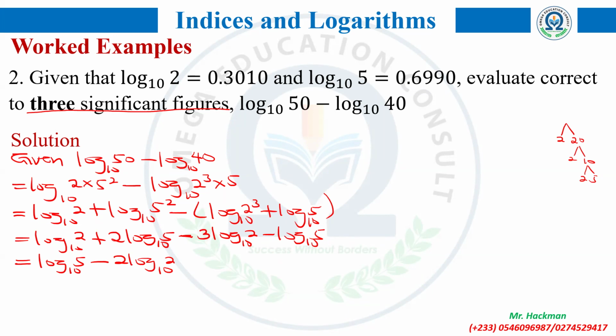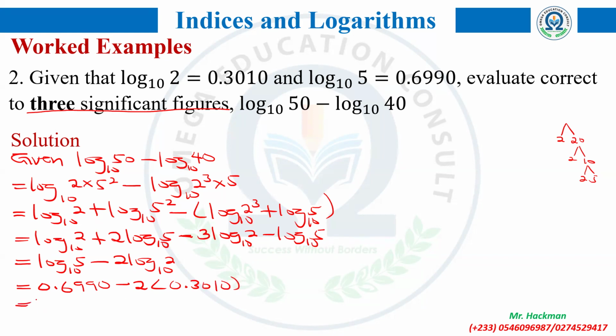Yes, please. So which in effect is going to give us this will be equal to, so at this point we carry out our substitution. Log 10 of 5 is 0.6990, minus 2 times log to the base 10 of 2, and that is 0.3010.